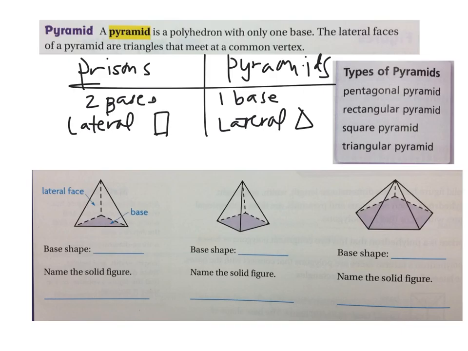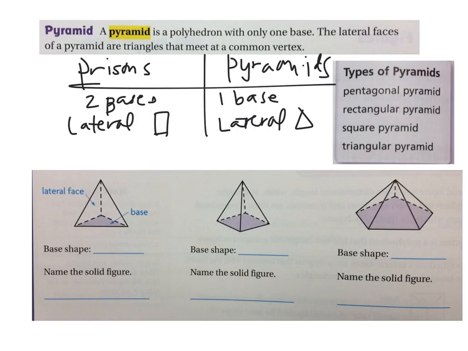So in a prism, we have lateral rectangles, and in a pyramid, we have lateral triangles. Another similarity, though, is that prisms and pyramids, we identify them based on the polygon that is their base. Just like we called an octagonal prism because it has two congruent octagons as bases, we can use the shape of the base to name our pyramids.